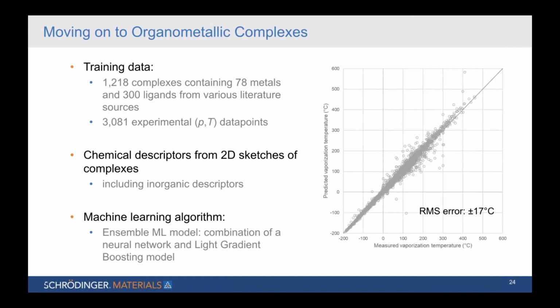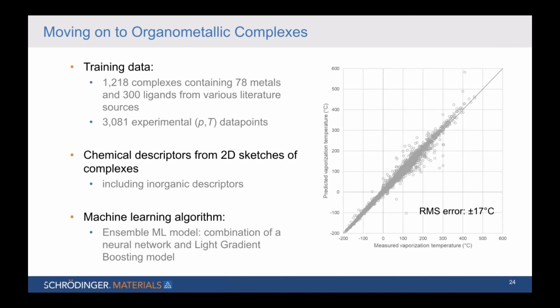For this one, the big task is to collect enough high quality data. With the help of our data team, we managed to collect over 3,000 experimental pressure temperature data points. And we include inorganic descriptors in the material science suite to develop the machine learning model.